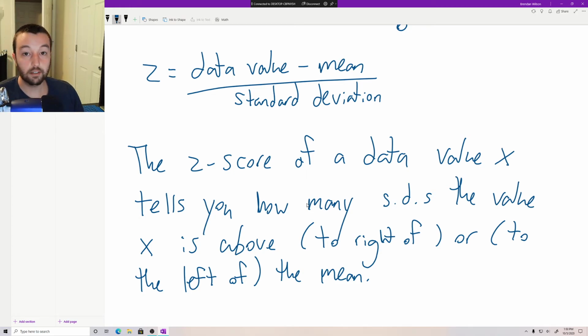So it tells you how many standard deviations away from the mean you are, essentially.